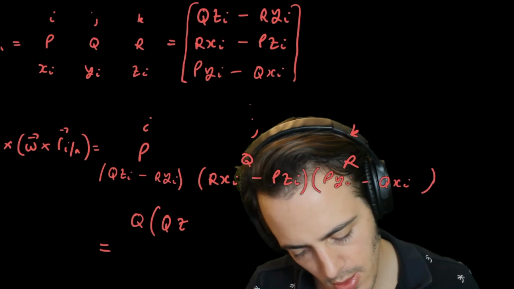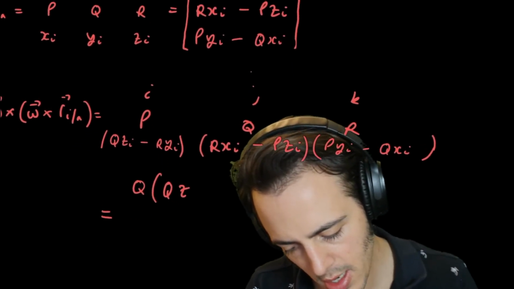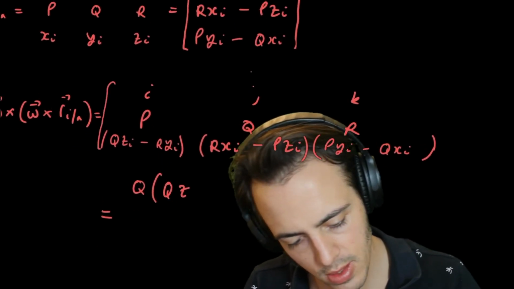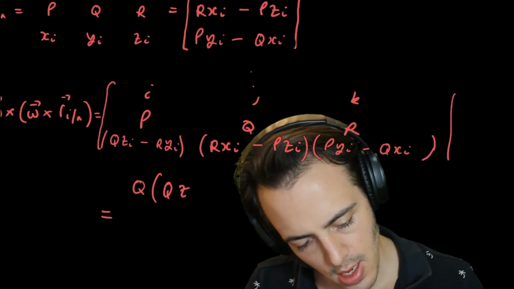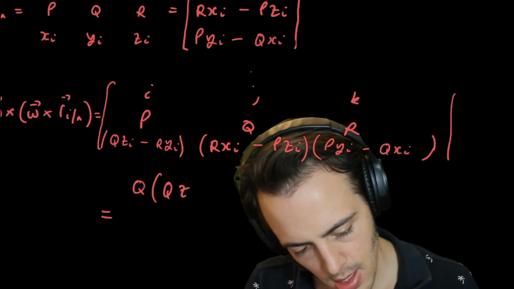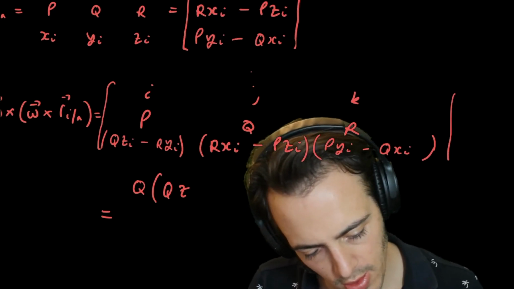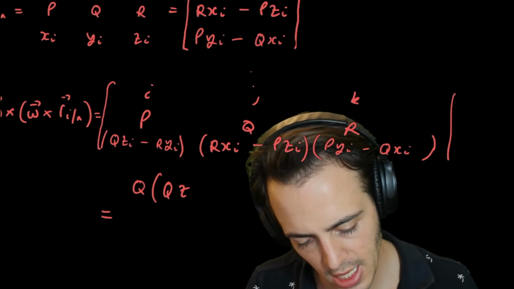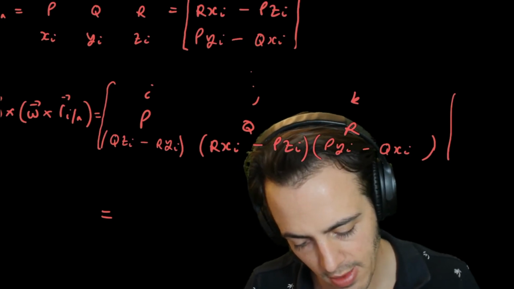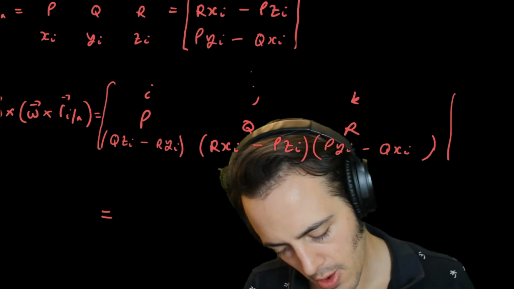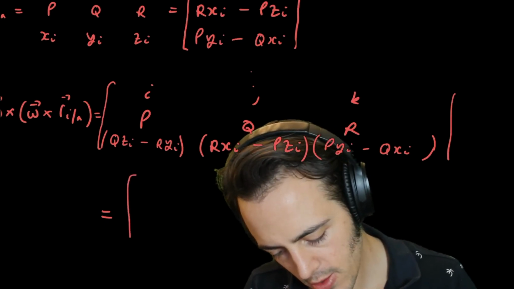Okay, so now I can do my, let's put this round. Just because I've done this question enough times before, I know the terms that I should be getting down here, and it didn't make sense to be getting a Z term here. So I'm going to do the first row.